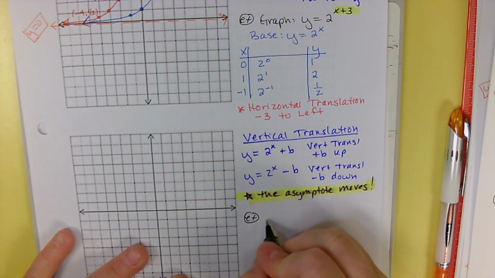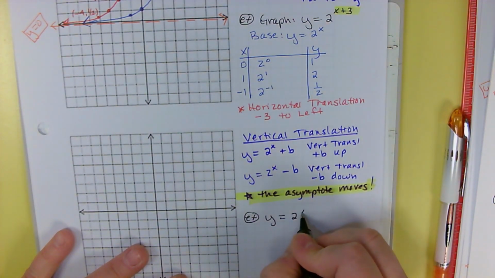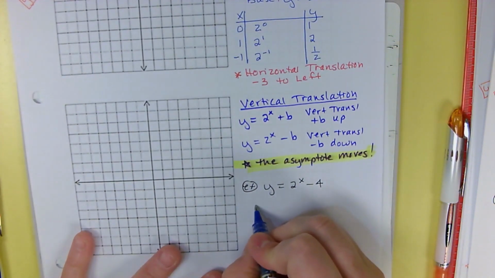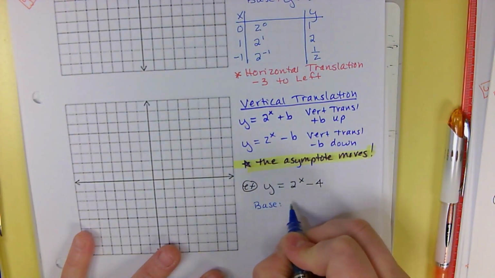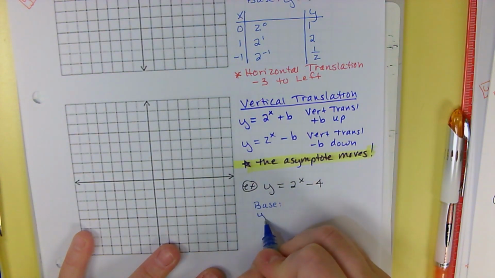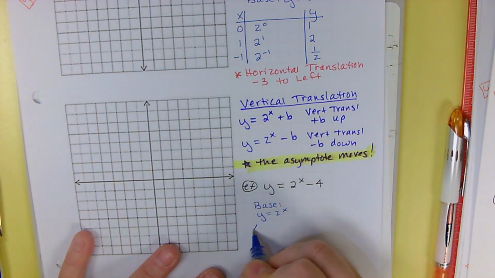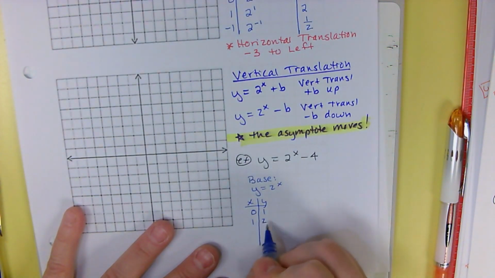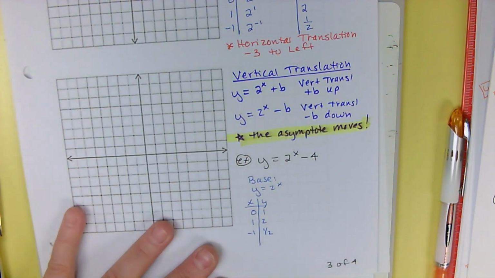All right, so we're going to do an example. Y equals 2 to the x minus 4. Your base graph is y equals 2 to the x, and we already have these 3 points calculated: (0, 1), (1, 2), (-1, 1/2).